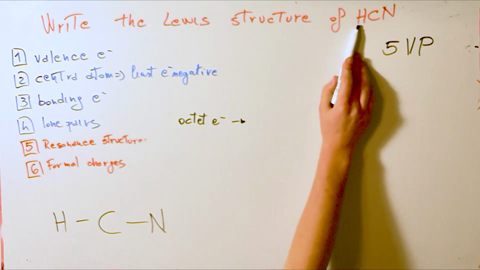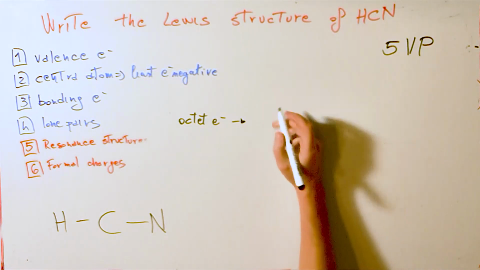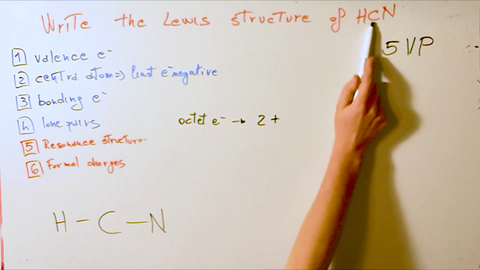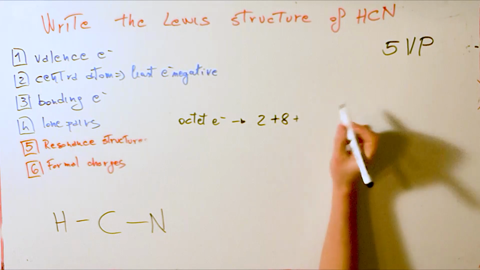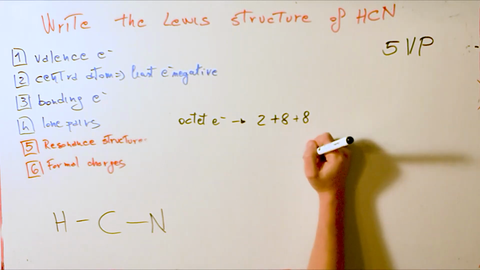Hydrogen observes the duet rule, so it requires 2 electrons around it. So let's write 2, plus carbon needs 8 electrons, so let's write 8, and nitrogen needs 8 electrons to be stable.